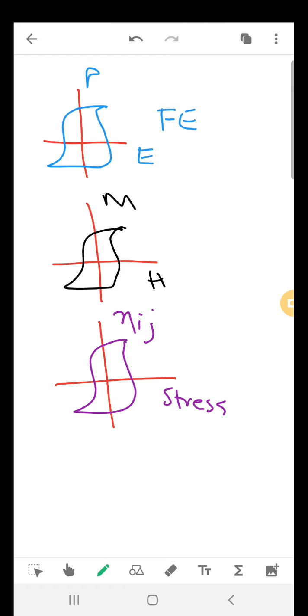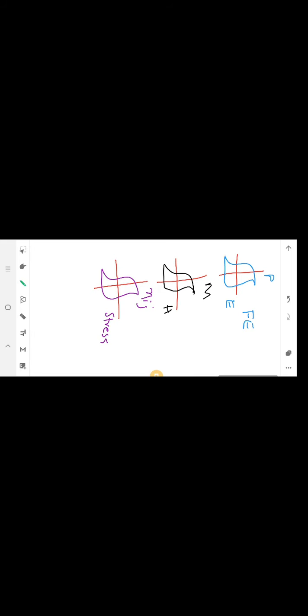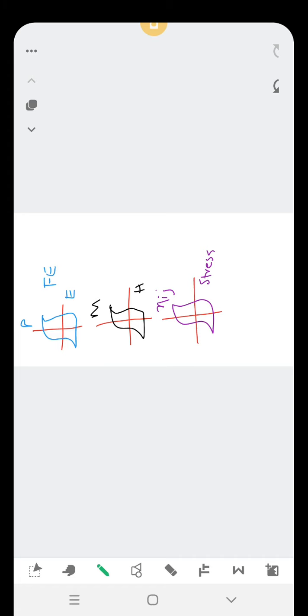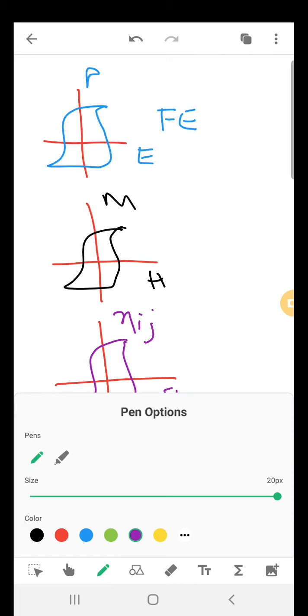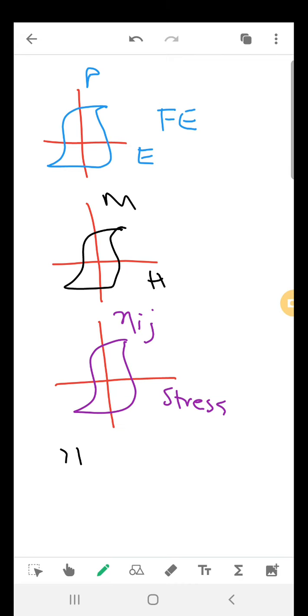Apart from the domain structure, a second important feature of ferroic is the high value of certain response. First one, there is a domain feature.